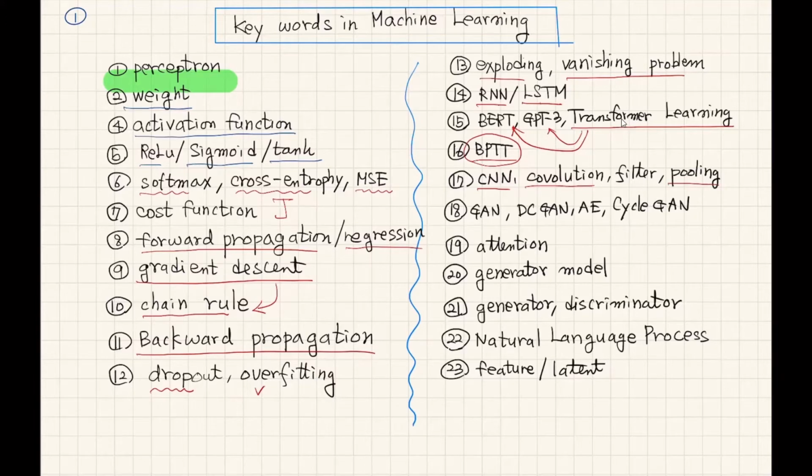And there are matrices to apply the convolution, and those matrices are called filters. Also, we studied generative models such as GAN, diffusion, autoencoder, and CycleGAN. And in order to make more precise learning, recently we are using attention, and also these GAN, diffusion, autoencoder, and CycleGAN are generative models.